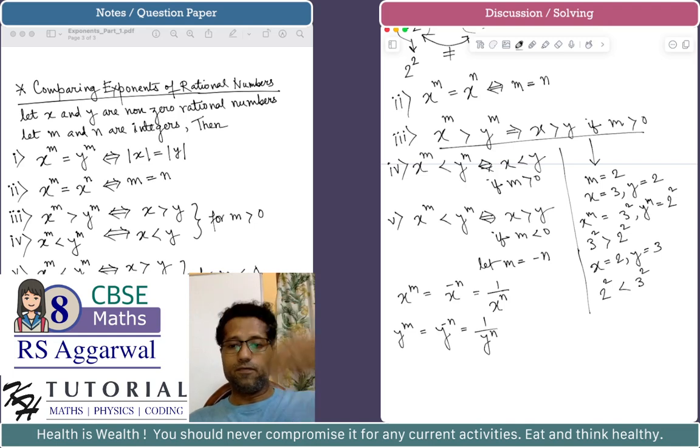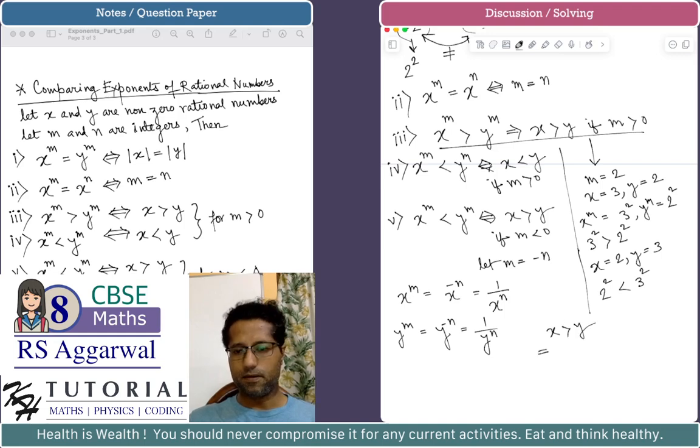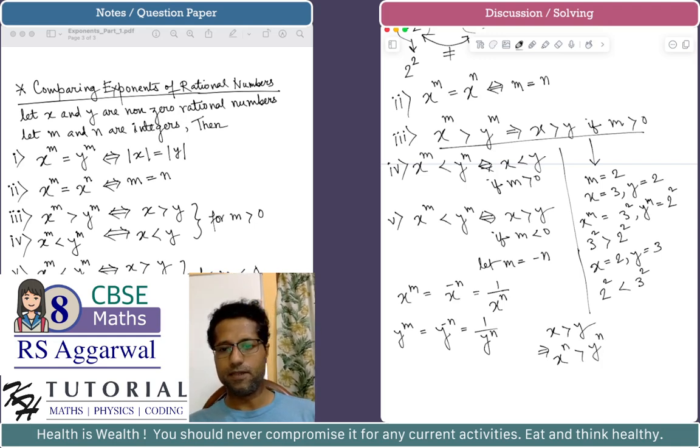Now you see if x is larger than y, x greater than y will imply definitely x to the power n greater than y to the power n, because n is a positive integer.